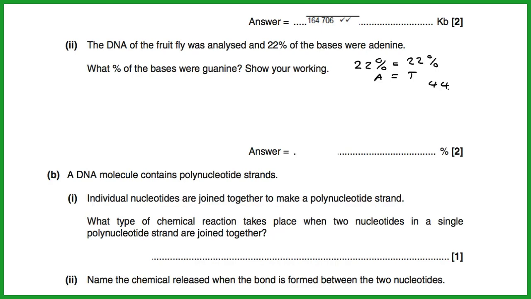Remember the other base pair is a guanine, which forms 3 hydrogen bonds to a cytosine. So 100 minus 44 would give us 56% of the bases would be guanine and cytosine. Of those, half of them are going to be guanine, half of them are going to be cytosine, so 56 divided by 2 gives us 28%. So the answer was 28%.